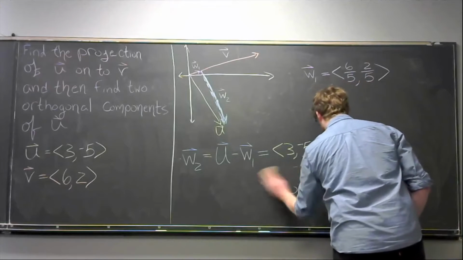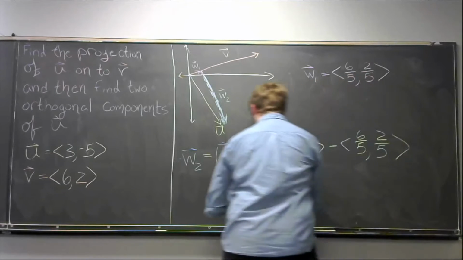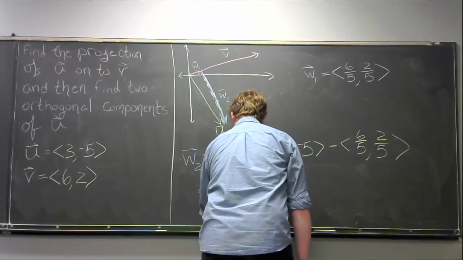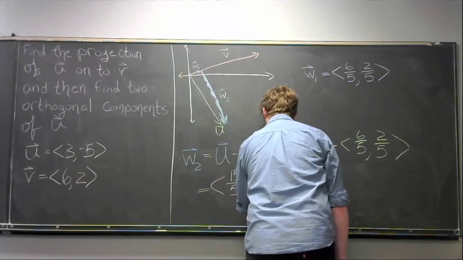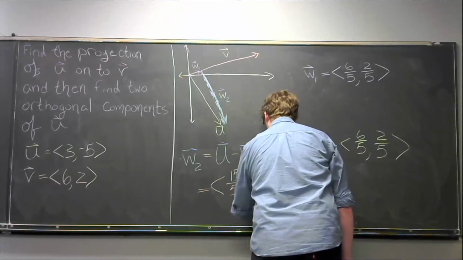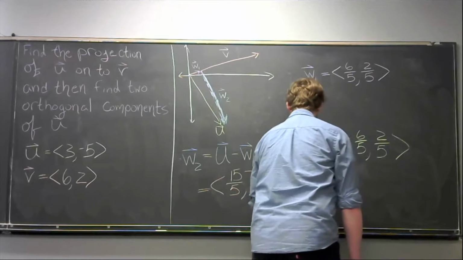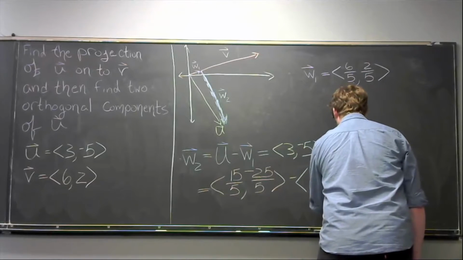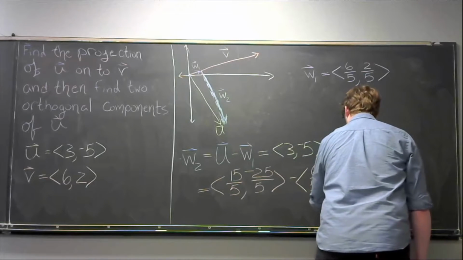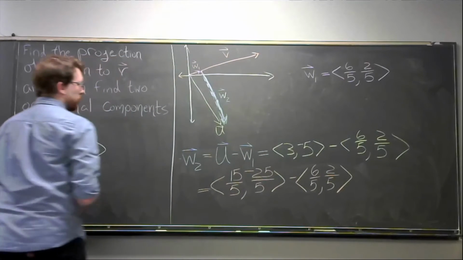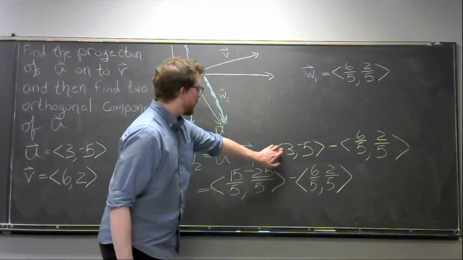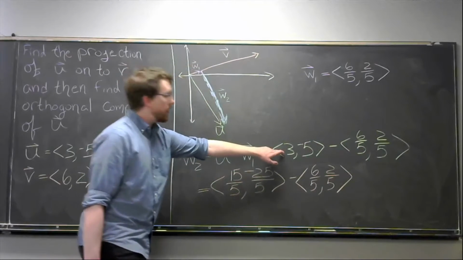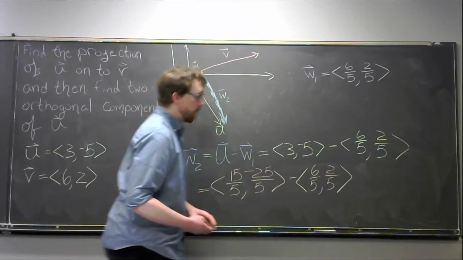So once we put these over the common denominator, like I said, this becomes 15 over 5, and this becomes negative 25 over 5.